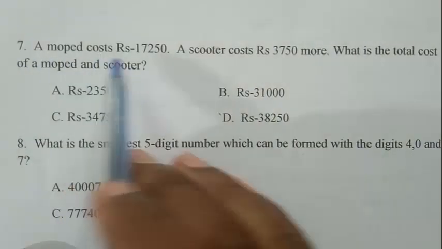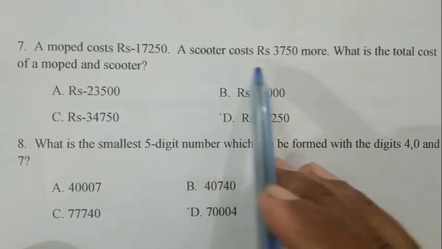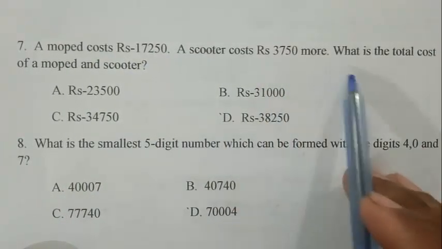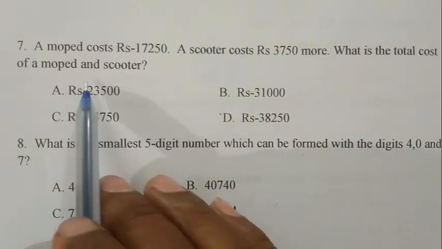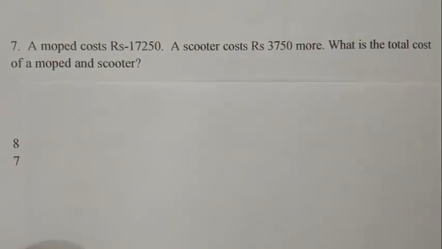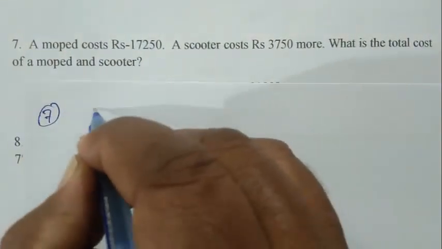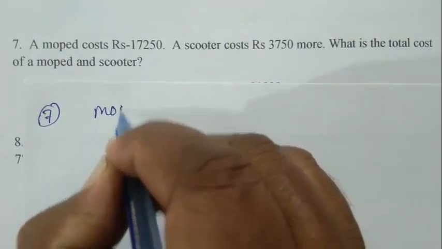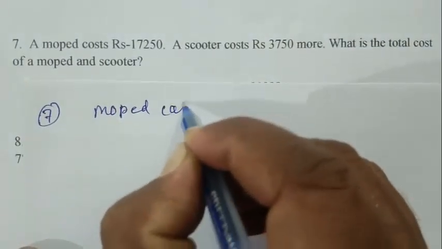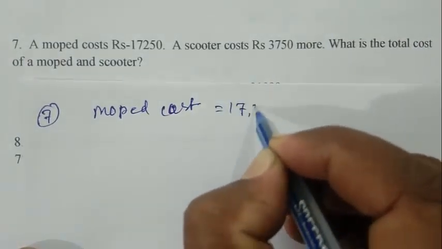Question number 7. A moped costs rupees 17,250. A scooter costs 3,750 more. What is the total cost of moped and scooter? Moped cost 17,250.